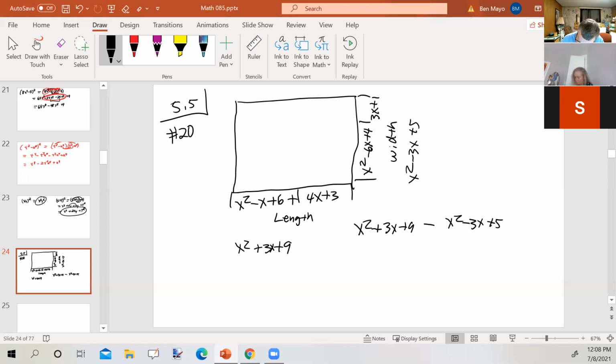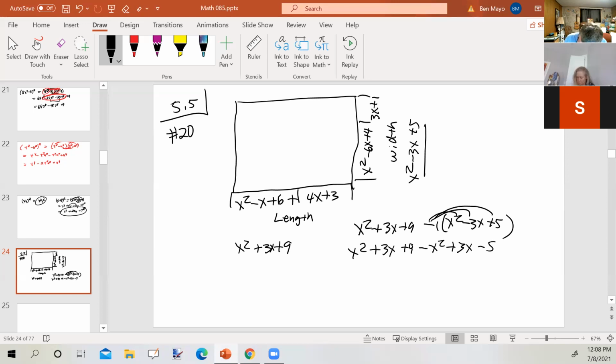Okay. I'm going to subtract the entire width. So I've got to quantify that and distribute the subtraction sign through the whole thing. Okay? So that's the problem you've got to deal with. So x squared plus 3x plus 9. Is that where you act like there is a -1 in front of it? Yes. Okay. So it's like you're going to distribute. So you're going to get minus x squared, minus times minus is plus 3x, and then minus 5. Okay?